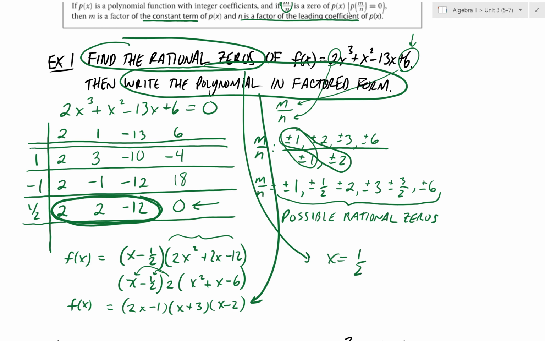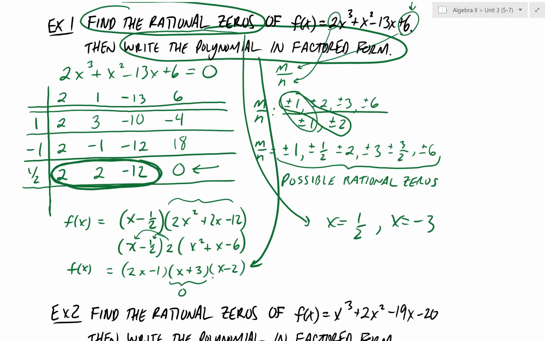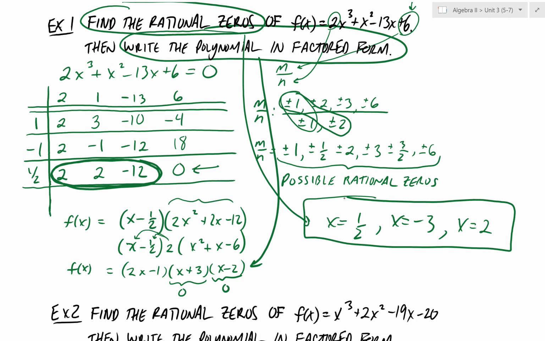Now that we see the factors, what value of x makes that factor 0? Negative 3. So x equals negative 3. And what x value makes that factor 0? x equals 2. So there are all of our zeros.